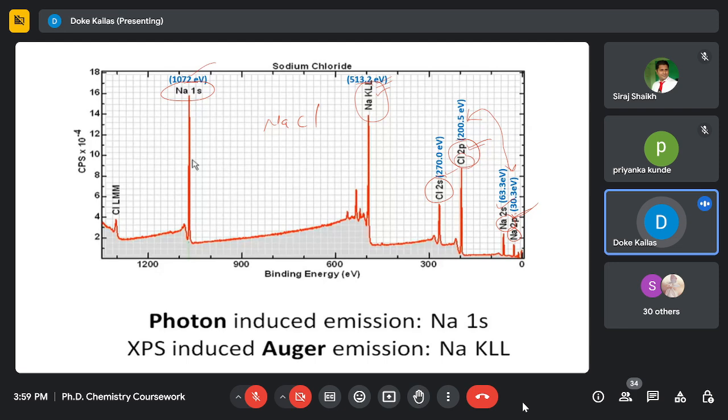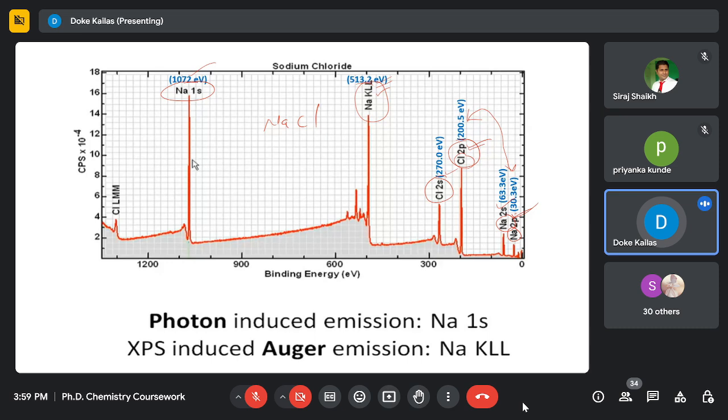The sodium becomes sodium plus, a cation. So the system will change. You get the sodium 1s peak, with more resolution in the spectra compared to the previous survey spectra.